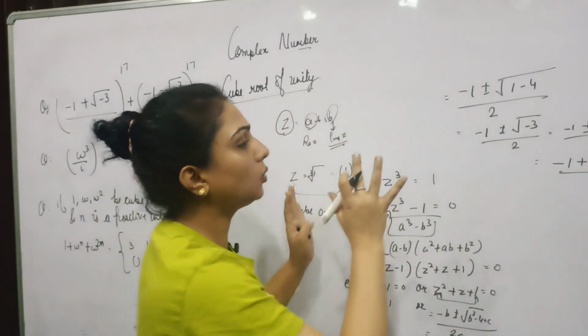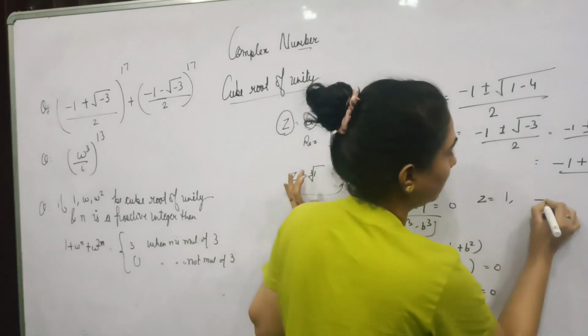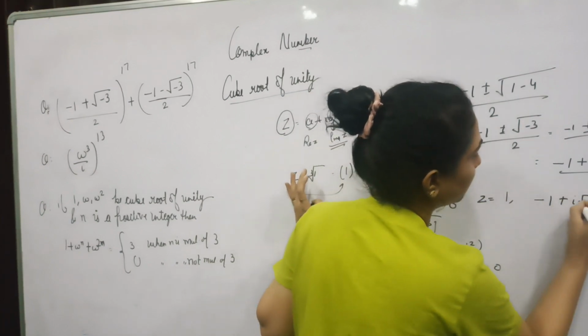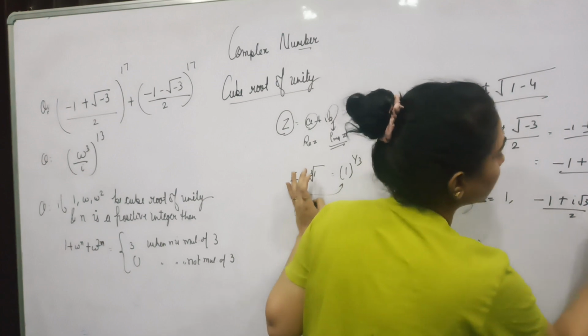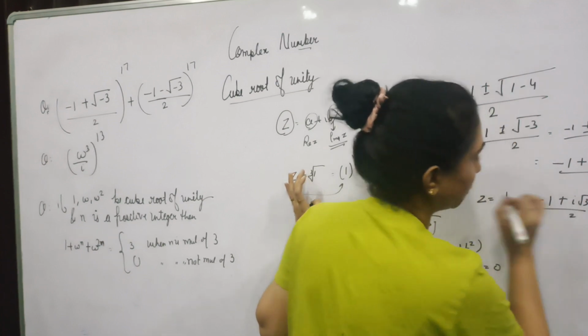So in totality we have three values of z. That is 1, minus 1 plus i under root 3 by 2 and minus 1 minus i under root 3 by 2.